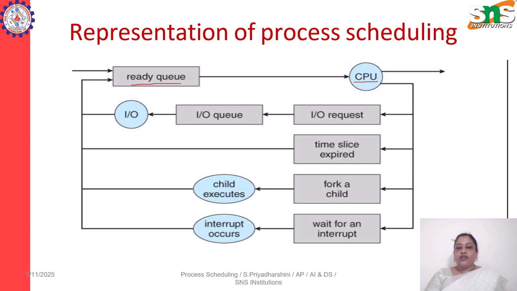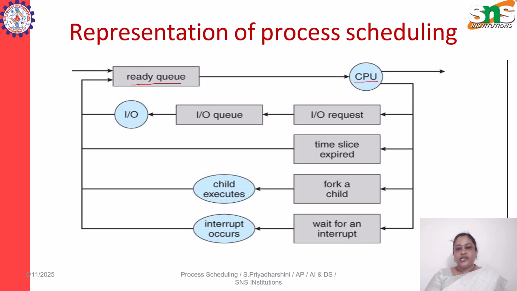The first condition is that whenever the process in execution needs some IO devices, that process is put in the device queue, and after the completion of the IO request, it is again made available in the ready queue.